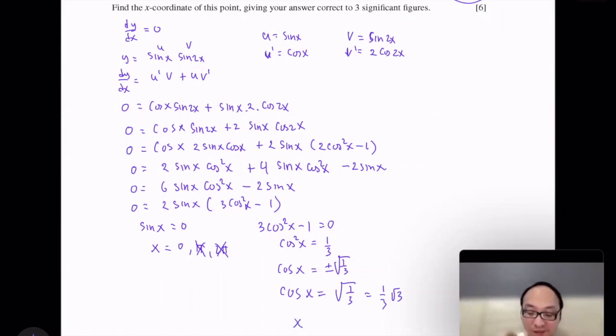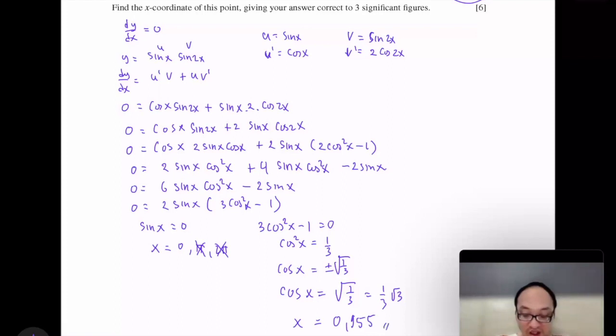And to find the x value, we just use cos inverse. So cos inverse of 1 over root 3 gives 0.955 radians. That's it. This is the answer.